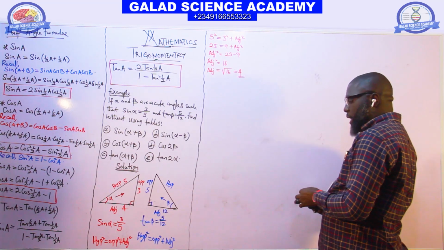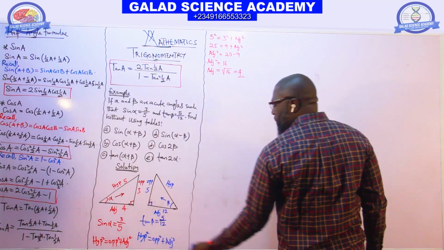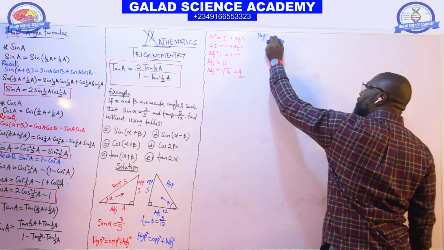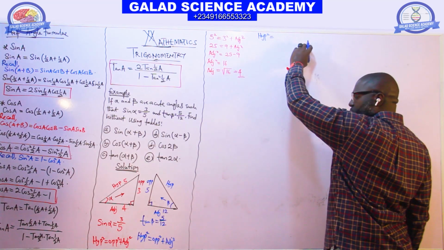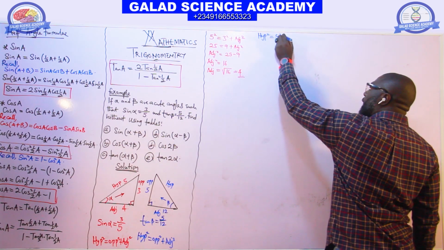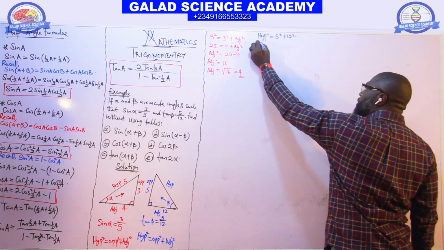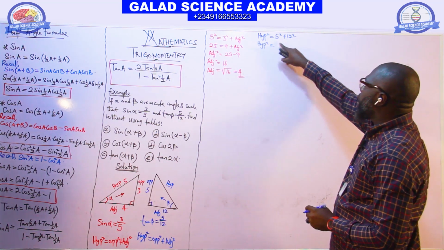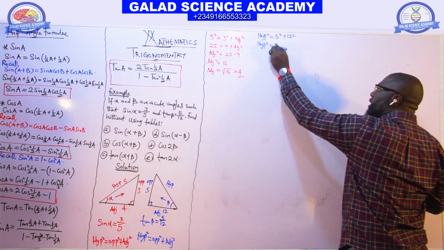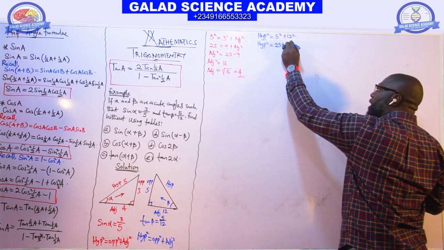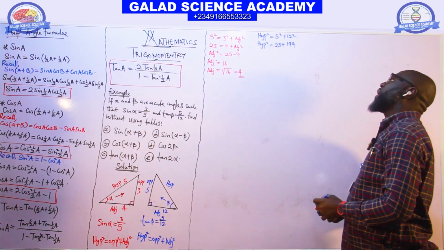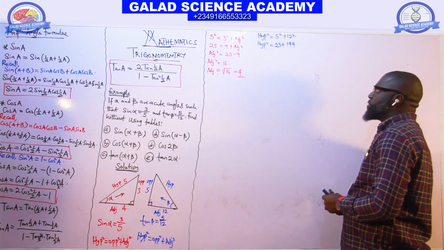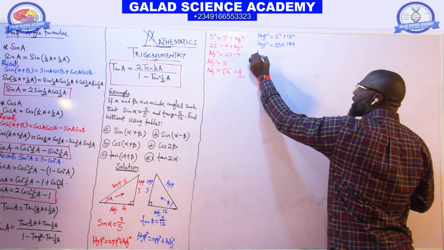Okay. And the second one here, my hypotenuse is unknown. So opposite is 5. Adjacent is 12. So the hypotenuse square will be equal to 5 squared, which is 25, plus 12 squared, which is 144. So 144 plus 25 is 169.